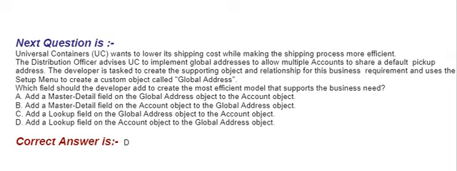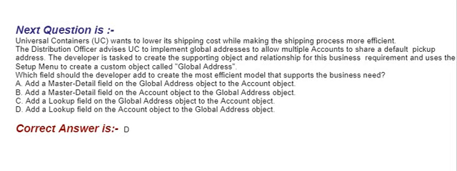Next question is Universal Containers, UC, wants to lower its shipping cost while making the shipping process more efficient. The distribution officer advises UC to implement global addresses to allow multiple accounts to share a default pickup address. The developer is tasked to create the supporting object and relationship for this business requirement and uses the setup menu to create a custom object called global address.